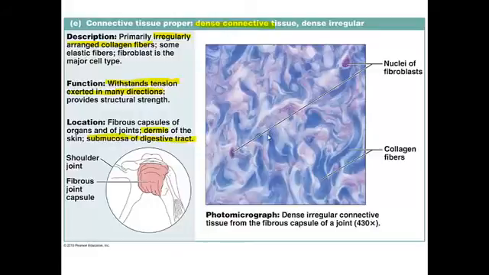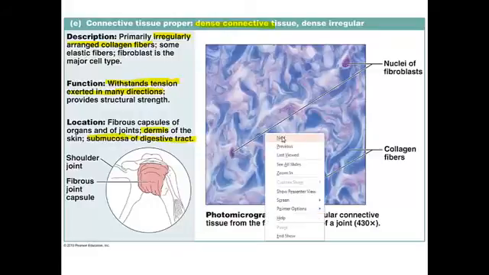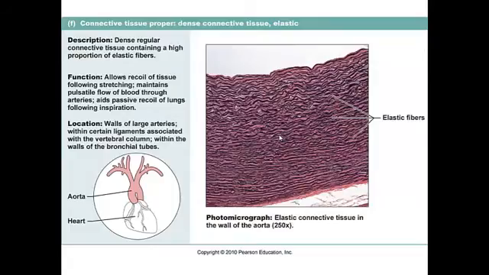And so the third example of dense connective tissue, which again is under that heading of the connective tissue proper, is going to be elastic connective tissue. So as you would expect, this is found in the area of the body where we would have an abundance of elastic fibers. So there's actually very little or no collagen in this example.